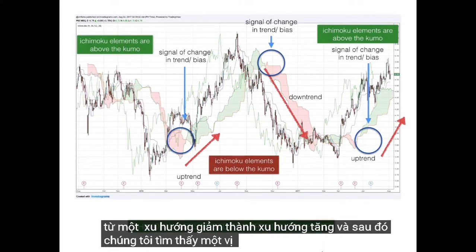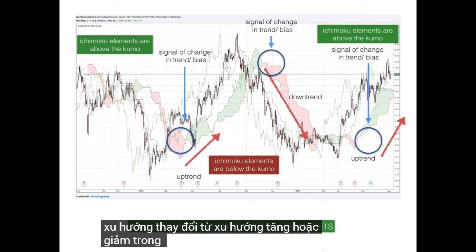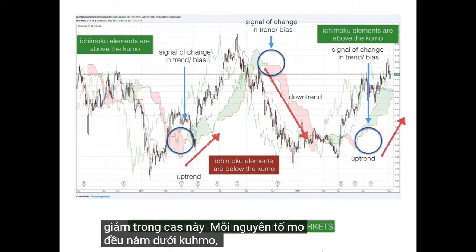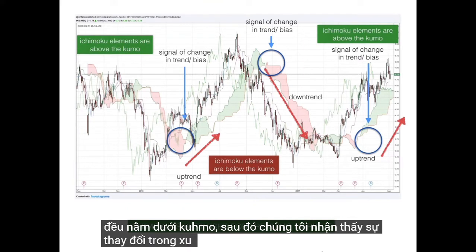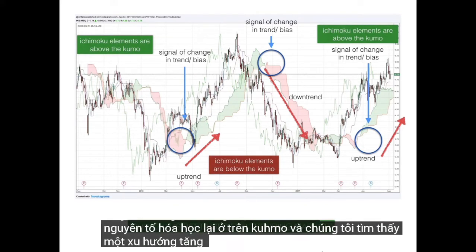And then we find a Kumo twist on top, and the trend changed from an uptrend to a downtrend. In this case, Ichimoku elements are all below the Kumo. Then we find a change in trend once again. Ichimoku elements are above the Kumo, and we find another uptrend.